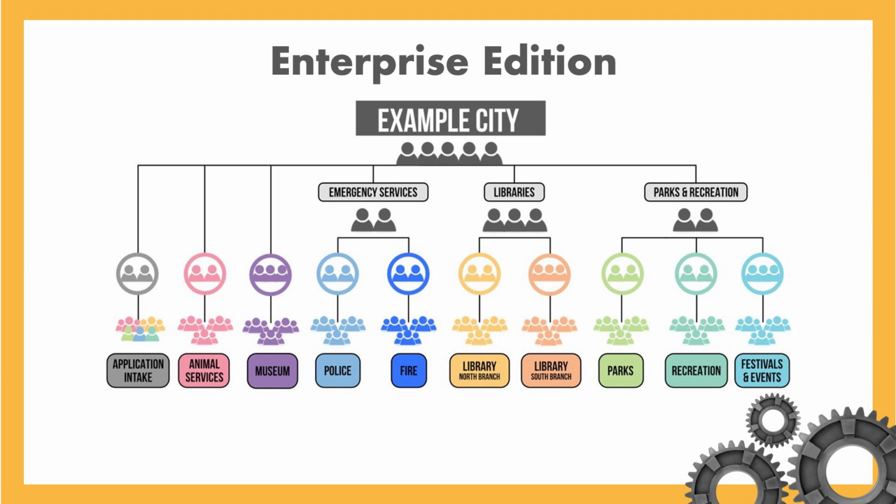So to add a little to that, as you can see in this diagram, these colors at the bottom show the different sub-accounts. What that means is somebody in the animal services won't be able to see others in that museum account.